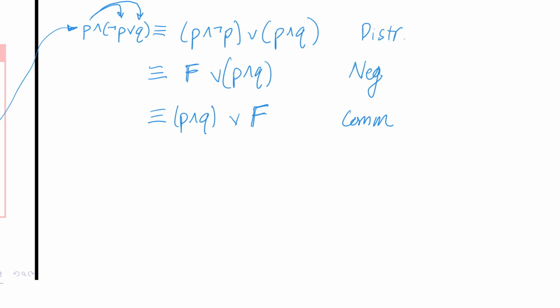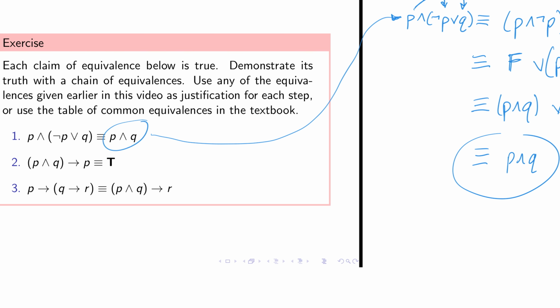But if you study the identity law, the contradiction has to occur on the right, and since we're being very precise about using all of our justifications, we first have to use commutativity to move the contradiction over to the right-hand side, and then we can use the identity law to drop that contradiction, and this was the target proposition all along, and so we're done.